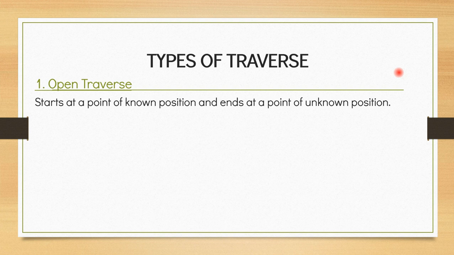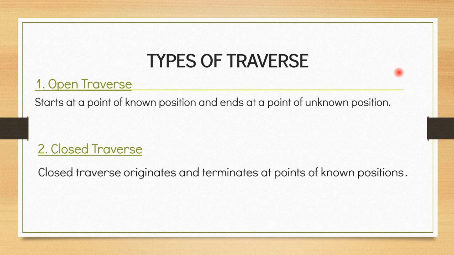We have the open traverse. This starts at a point of known position and ends at a point of unknown position. Another type is the closed traverse, which starts at a known position and ends at a known position. So closed will start from a known point and end at a known point.